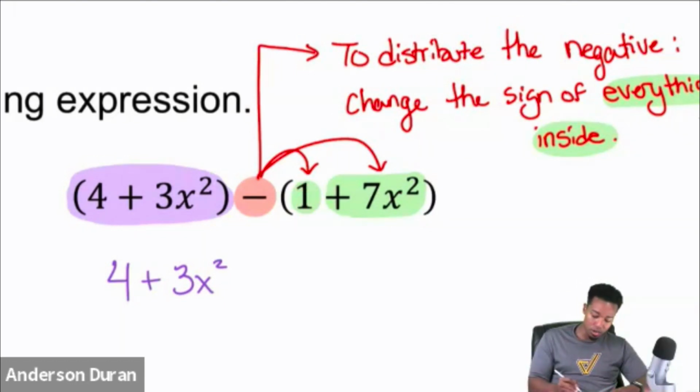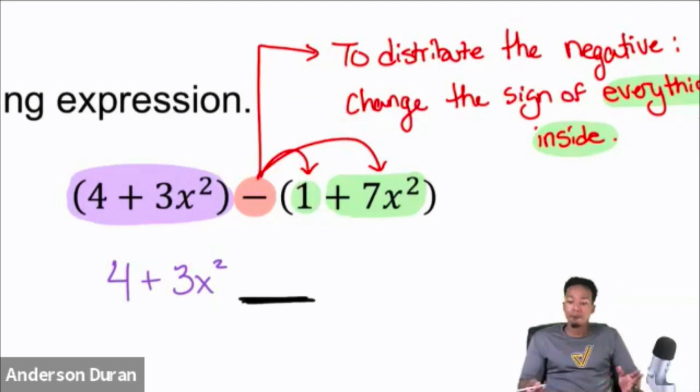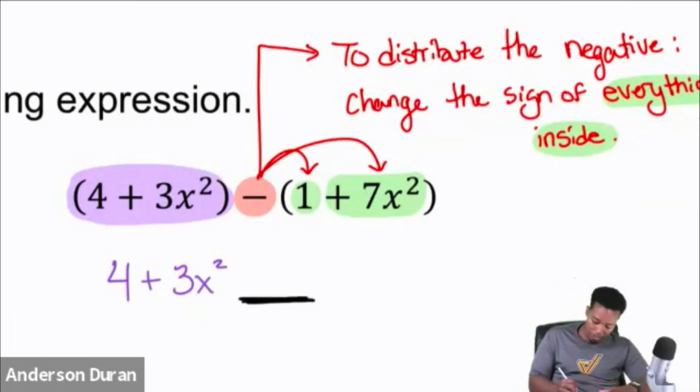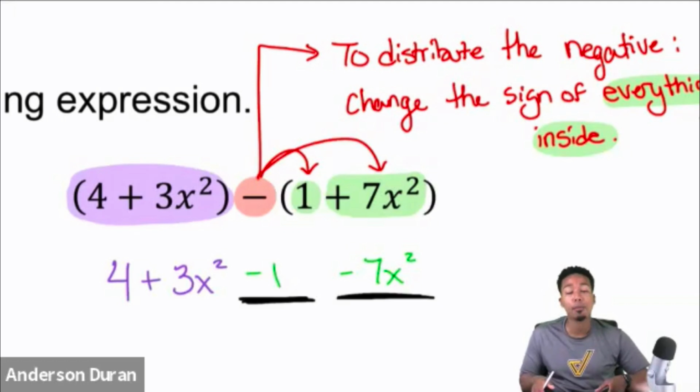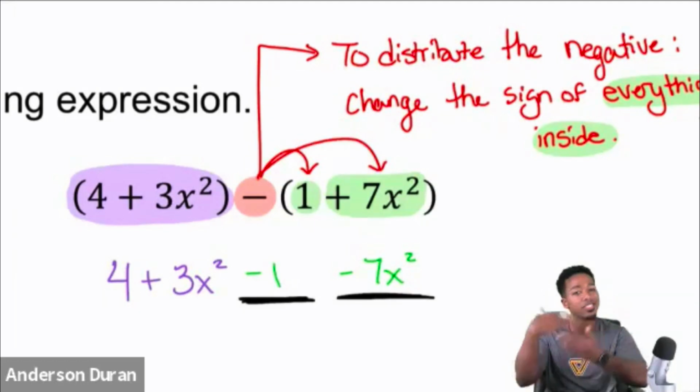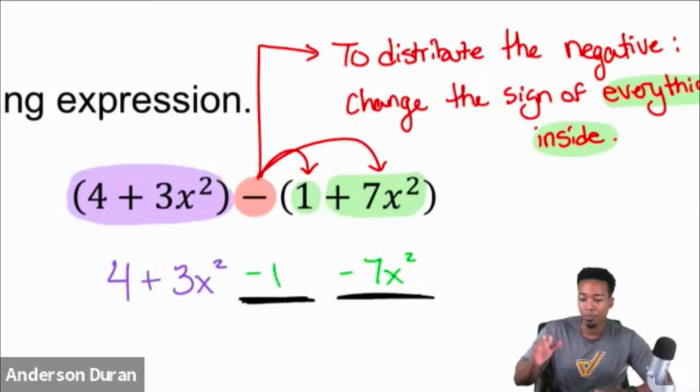So over here, we're going to write what? -1. Exactly. Then over here, that was a positive 7x squared. What are we going to write now? -7x squared. Exactly. We are simply going to follow that rule and understand that multiplying by a negative means changing the sign.